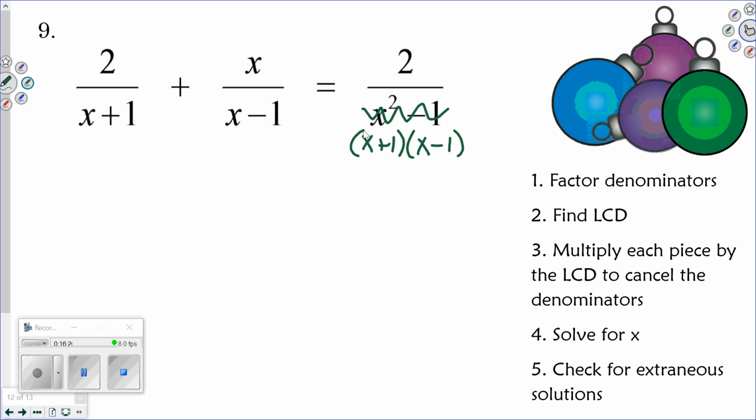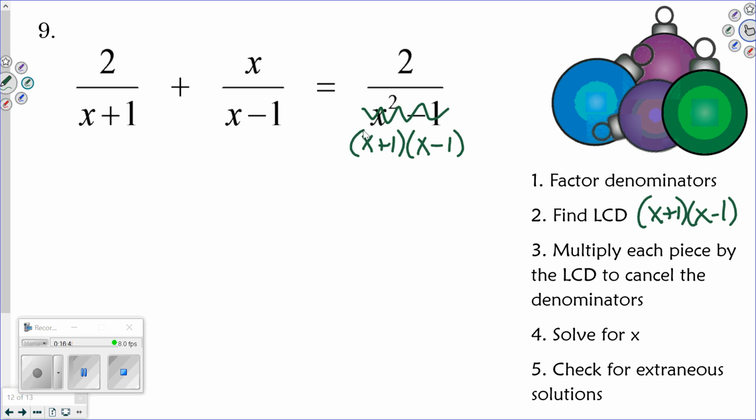Guys, please read your steps. Do them. All right, LCD, every part and piece is going to be just x plus 1 and x minus 1. Now, guys, the whole point of this is that you can cancel your denominator with whatever you put up on top. If you don't have your denominator as a piece on the top, it's wrong. You have to have that piece.